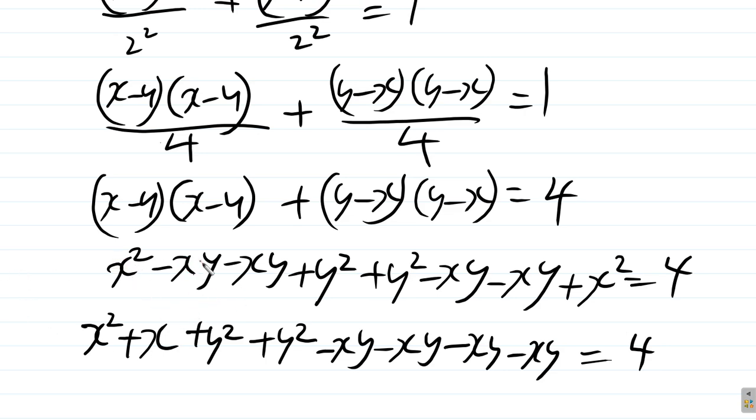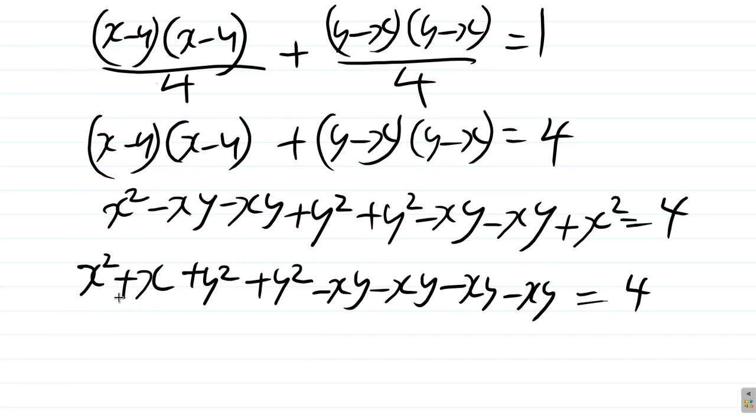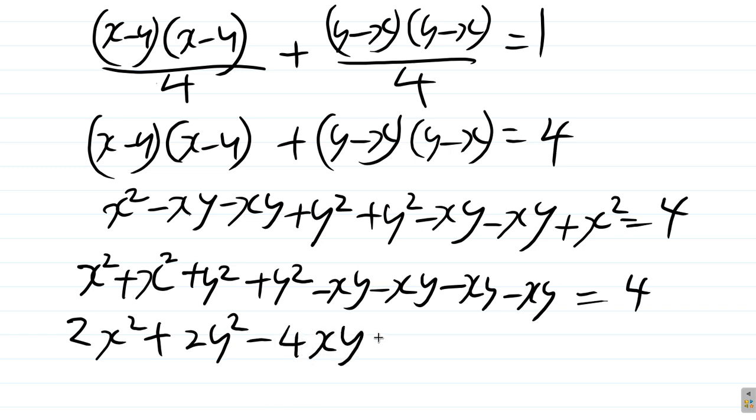How many are there? 1, 2, 3, 4, 5, 6, 7, 8 things separated by plus or minus. We didn't miss out anything. Oh, this is a square. So this is 2x squared plus 2y squared plus, well, it's minus 4xy equals 4.